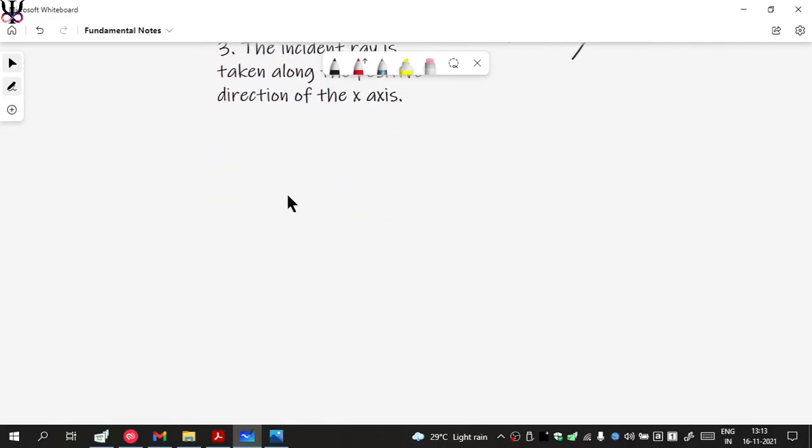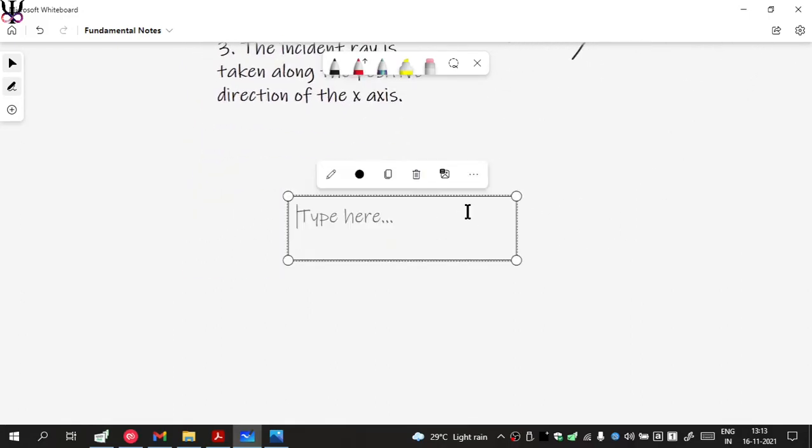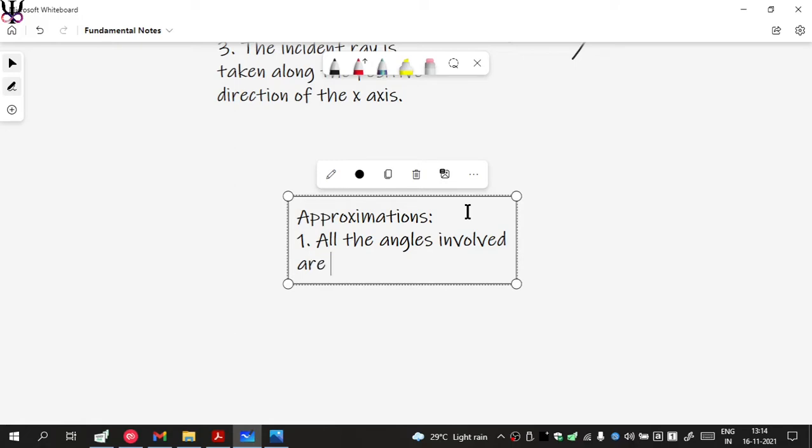Now let's come to the approximation part. Luckily, for approximations, there are just 2 things. First of all, the angles involved are very small when expressed in radians.